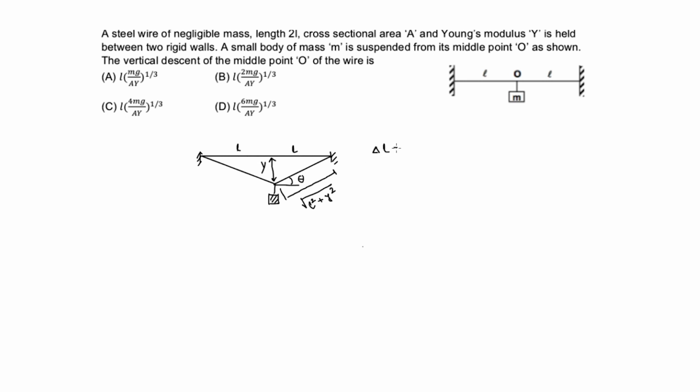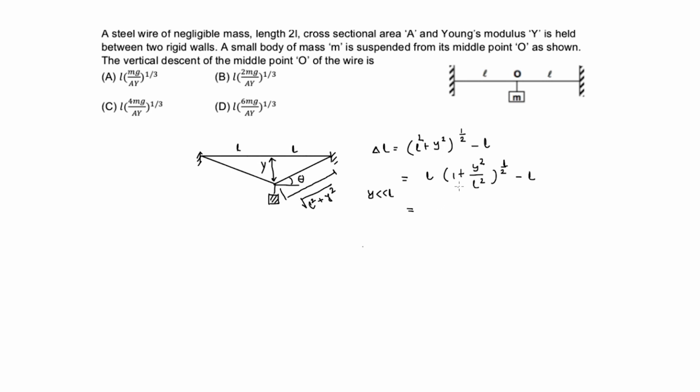Delta L is equal to L square plus y square whole power half minus L. That is L square if I take common outside, 1 plus y square by L square to the power half minus L. As you can see that y is much less than L, so y square by L square is very small compared to 1.